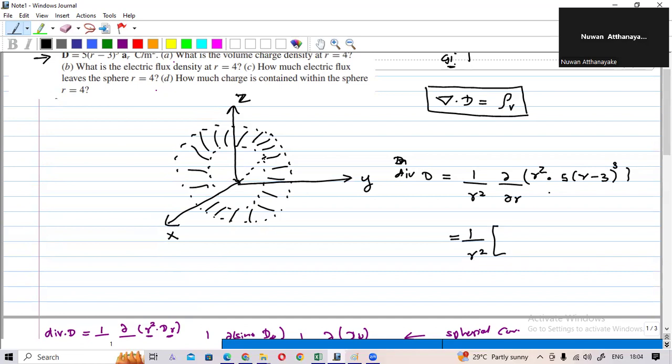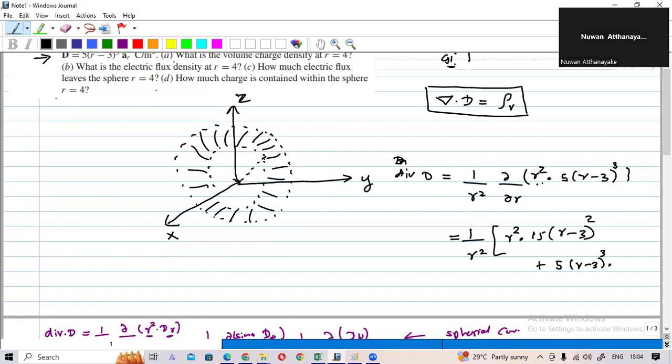What you have to do, you can keep this r square, then evaluate this one, that is 5r minus 3 to the power 3. So 3 will come up, so 15 r minus 3 square, 3 minus 1, plus you can keep this one 5r minus 3 to the power 3.